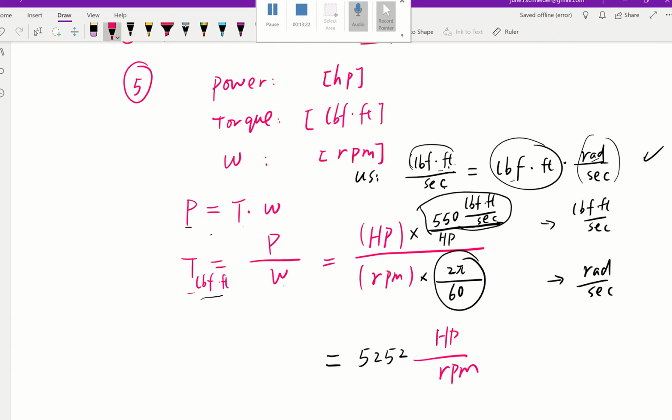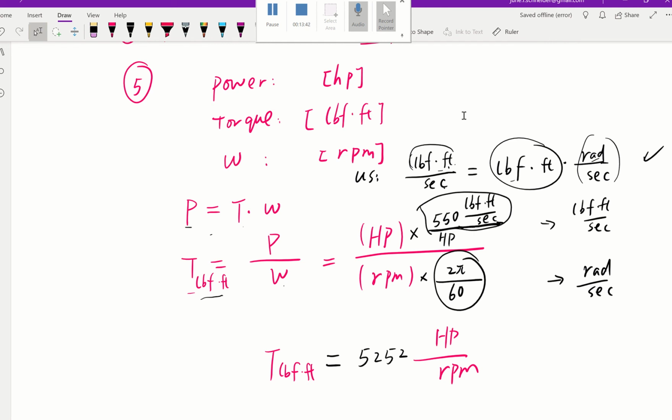That's a very helpful number. What this indicates is, in a situation where they tell you about horsepower, that's our power unit, you don't need to change that to pound-foot per second. If they tell you RPM, you don't need to change to radians per second.